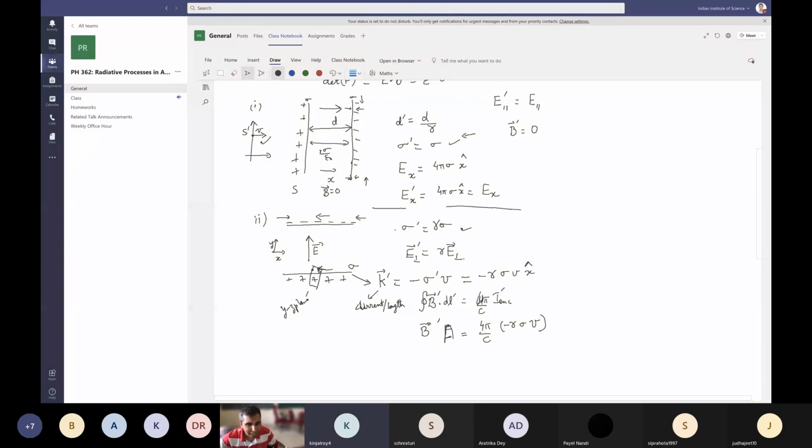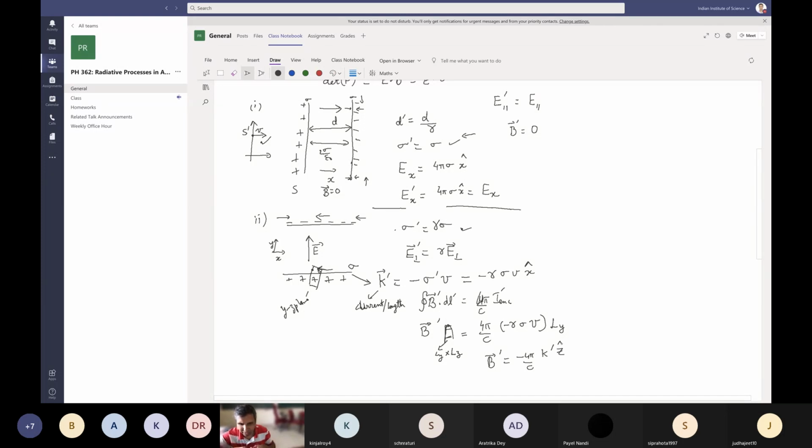So this is Ly, and this area is nothing but Ly times Lz. So B prime is actually equal to minus 4 pi by C K prime in the Z direction.